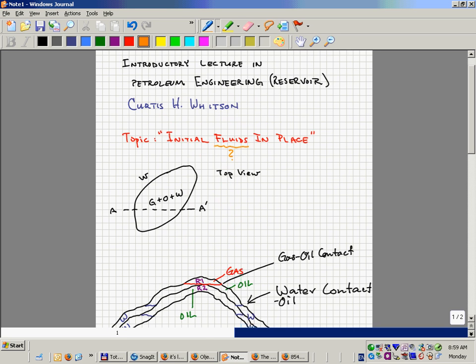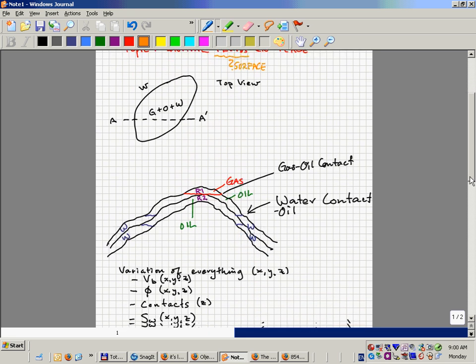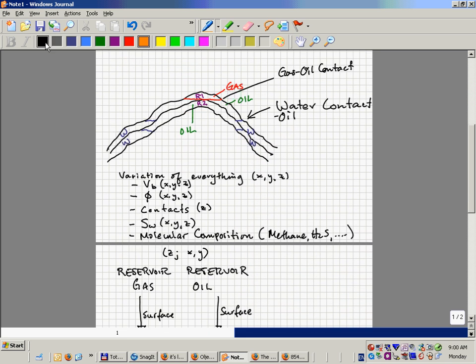But what people really want to know, the vice presidents, the politicians, your manager, is the sellable gas and oil volumes, right? So typically the fluids here are surface. Therefore, because we need surface fluids, we have to add one more item on the list here. That's not there yet.